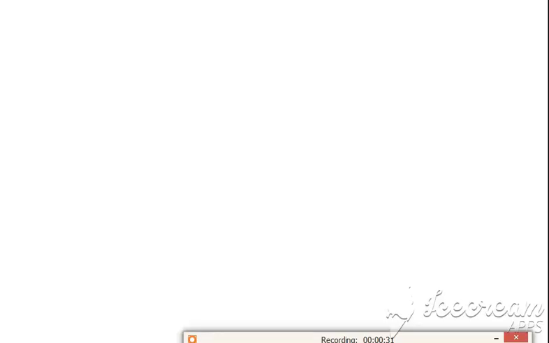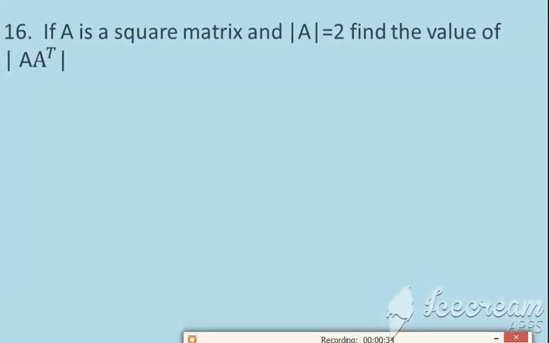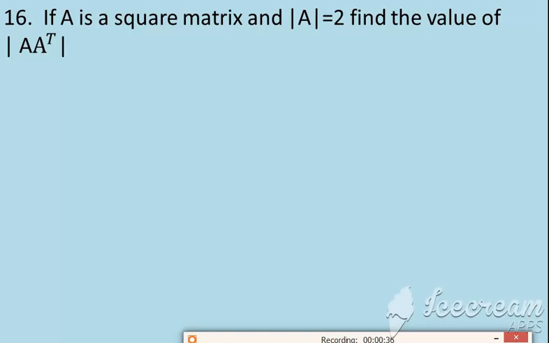The next question: if A is a square matrix and the determinant of A is equal to 2, we have to find the determinant of A transpose.